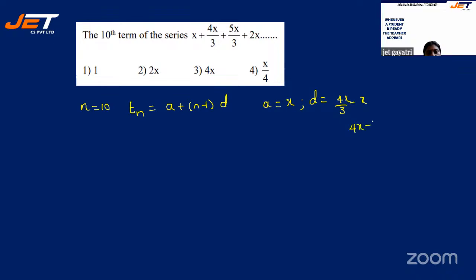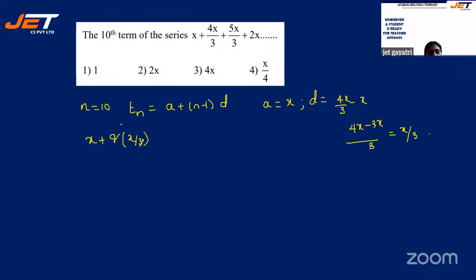So 4x minus 3x by 3, which is x by 3. So Tn is x plus n minus 1, which is 10 minus 1, 9, into d, which is x by 3.